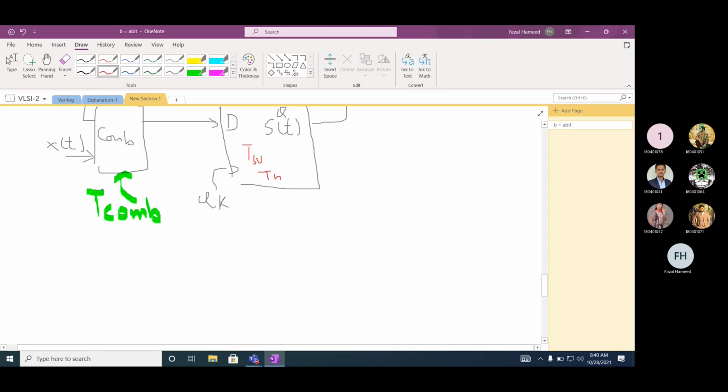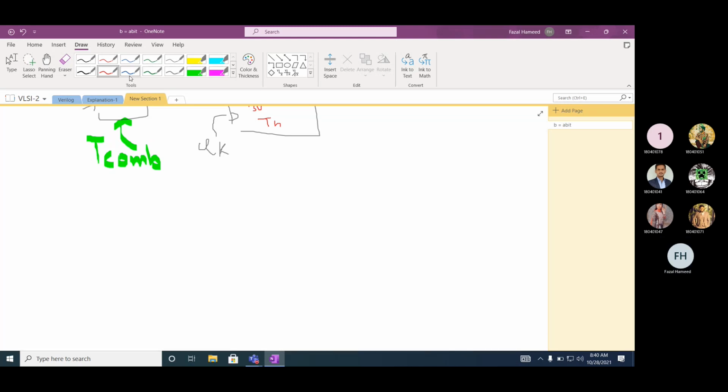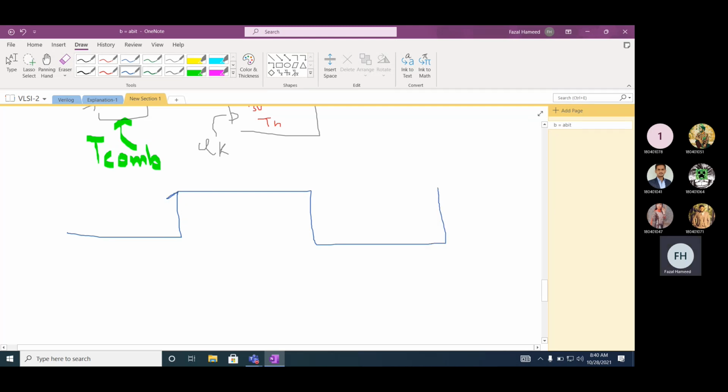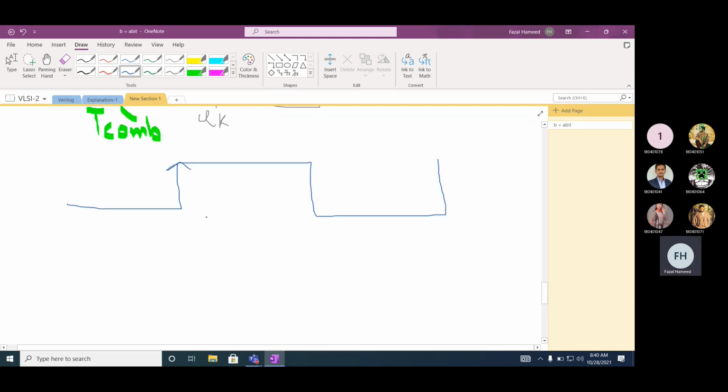Okay, so now we have a clock. Let's assume we have this rising edge of the clock. For this rising edge, we already studied that we need some setup time and then hold time.